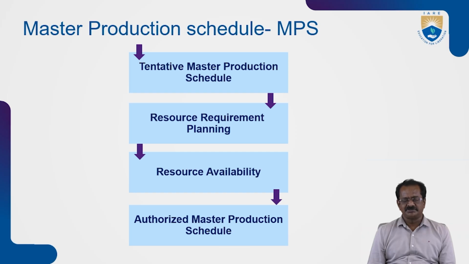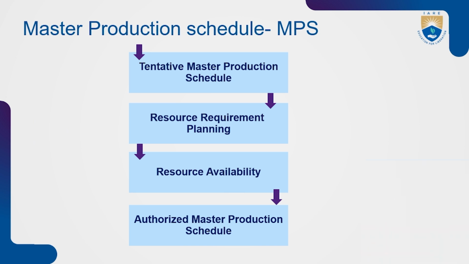That means the plant capacity has to be 50% more. So if the plant is running a single shift, a second shift should come, say for 4 hours, or if it is running for 8 hours, then it must be able to run for only 6 months. Like that, the resource requirement is planned, and we need to check the resource availability also.